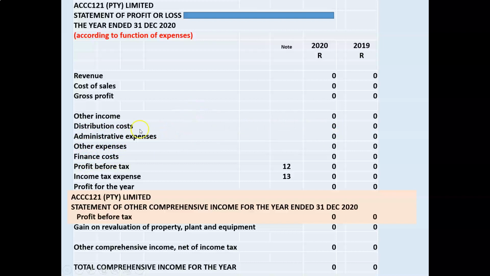So, depending on the type of entity, I will decide if I'm going to use the function of the expenses method or the nature of the expenses method. Now, I must tell you one thing, in your examples, you have never had a nature of the expenses type of question, and I think maybe this year should be the first year that we must ask a nature of expenses as well. So please go to your textbook, please have a look at what nature of expenses is all about.